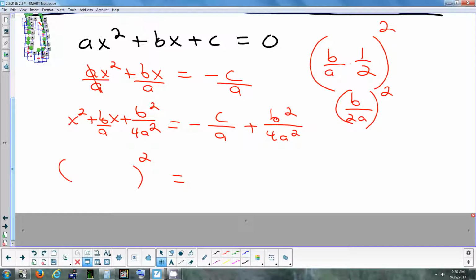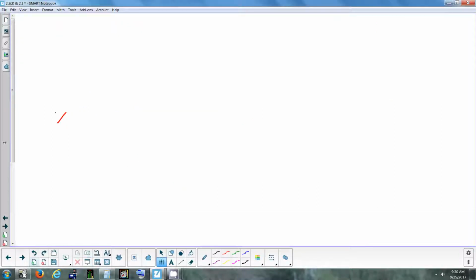This is where you don't want to be trying to factor this in your head. You want to use completing the square, because one of the steps to get to this tells you how it factors. So let's just take this one.